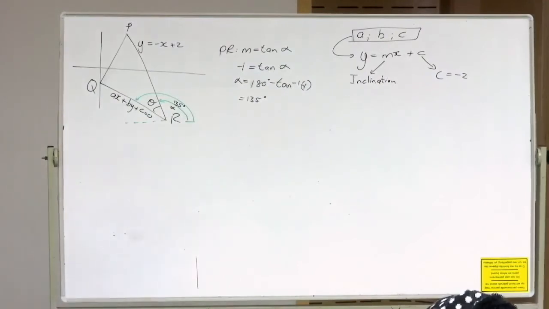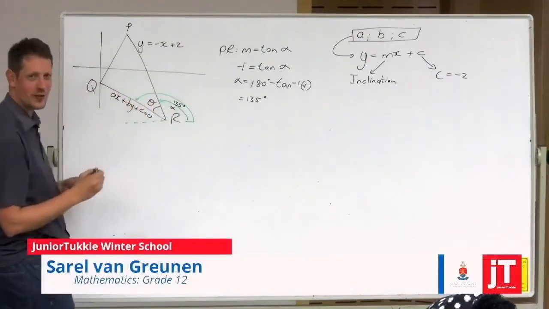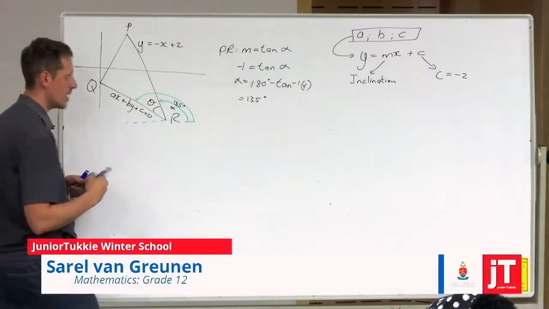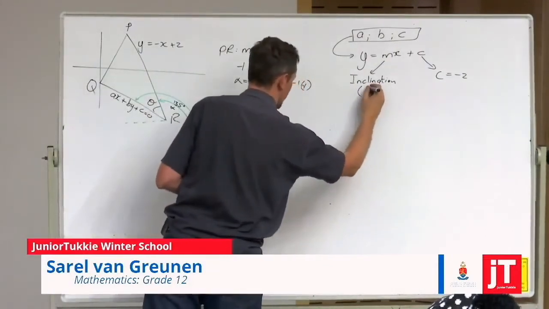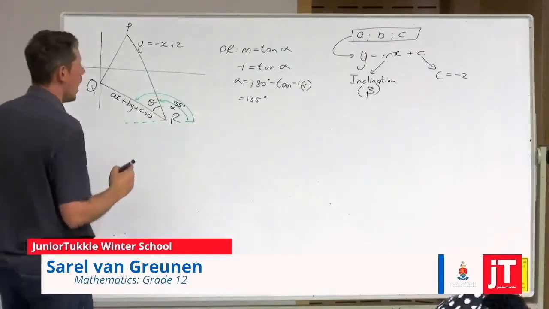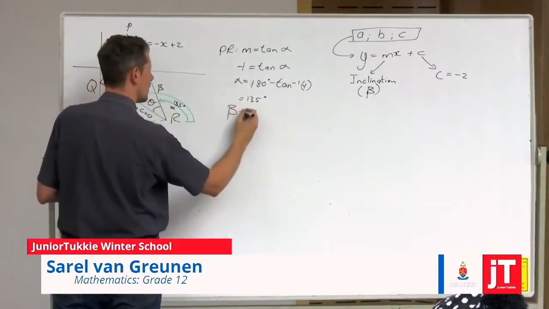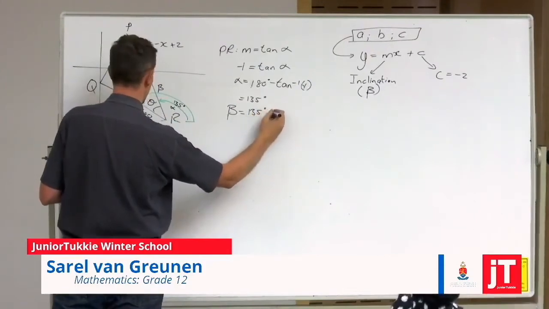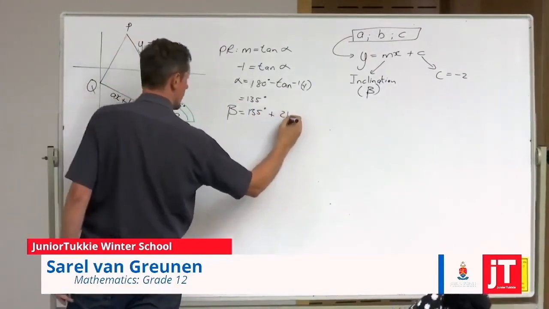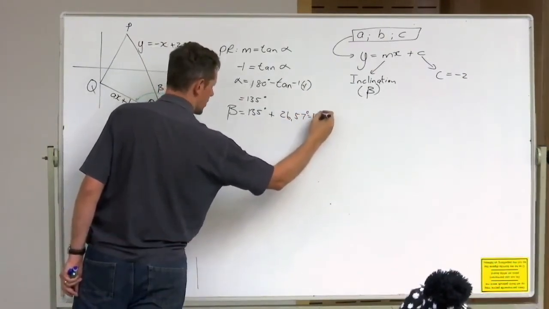Now I've got to ask myself, isn't there a way that I can get this angle of inclination? Let's call its angle of inclination beta. Again, I don't want to use theta because theta has already been used on the sketch. Can I get this beta, the big one? Yes. Beta is 135 plus 26,57, so this is 161,57.